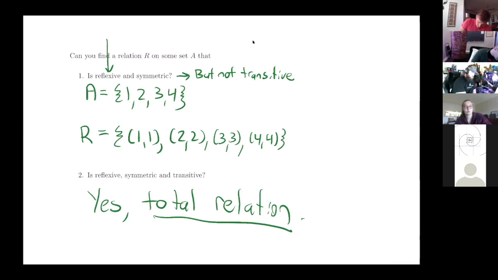In fact, if I just stopped here, that would satisfy all of those properties. The transitive and the reflexive property, there would be really nothing to check for those.